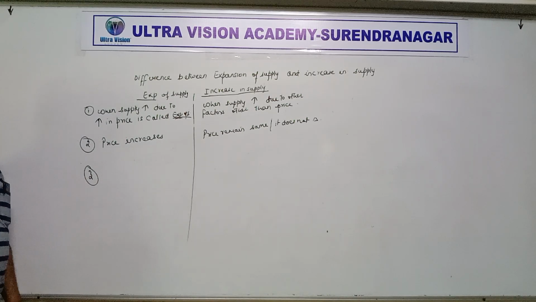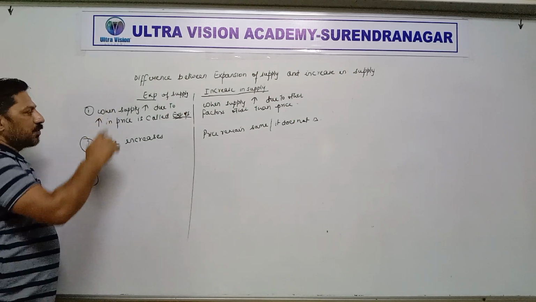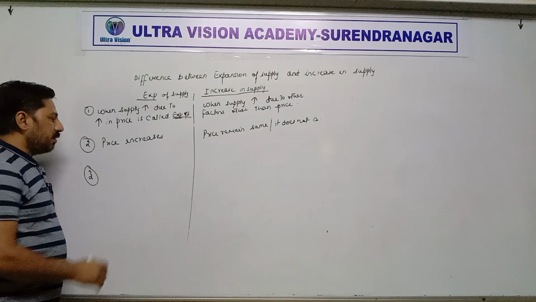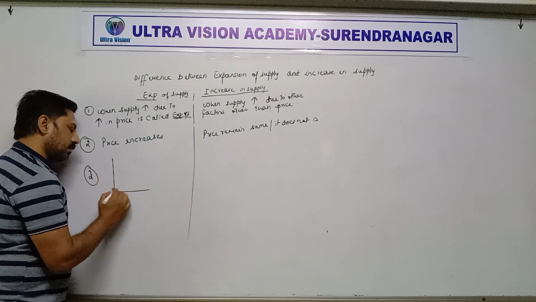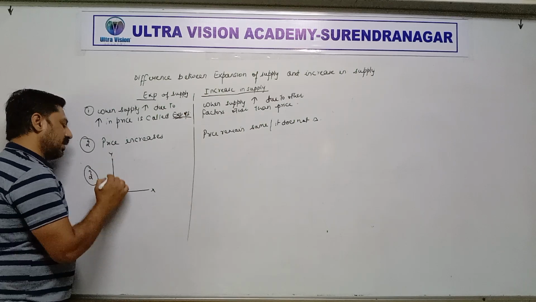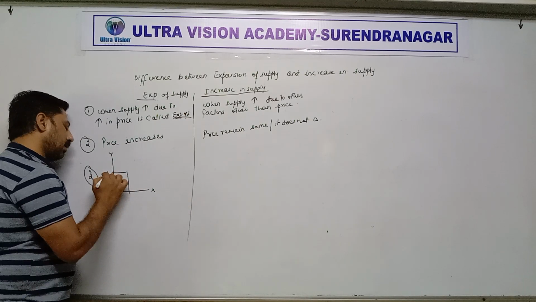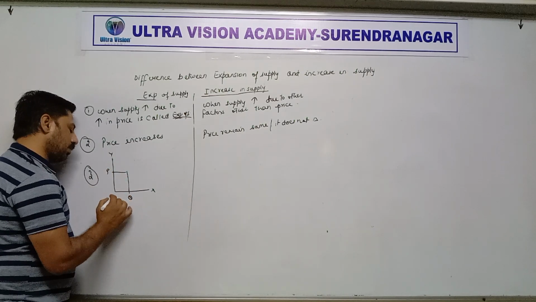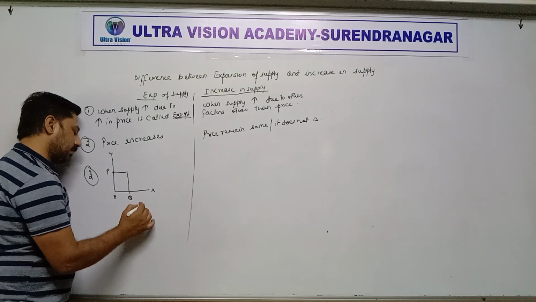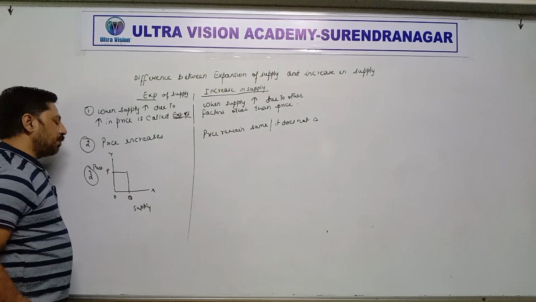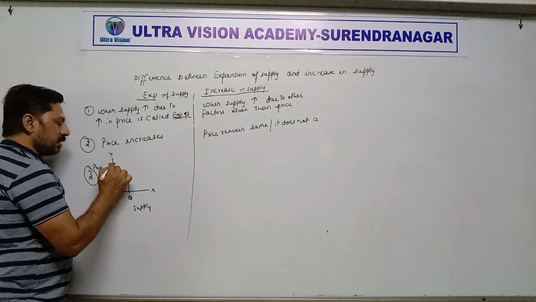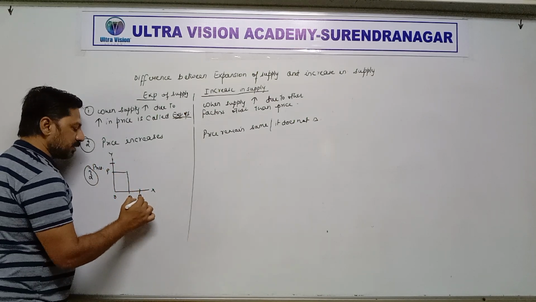Third difference: in case of expansion of supply, we will show the difference through a diagram. X, Y, P, Q, O, supply, here price. So when price increases, supply also increases, means rises.